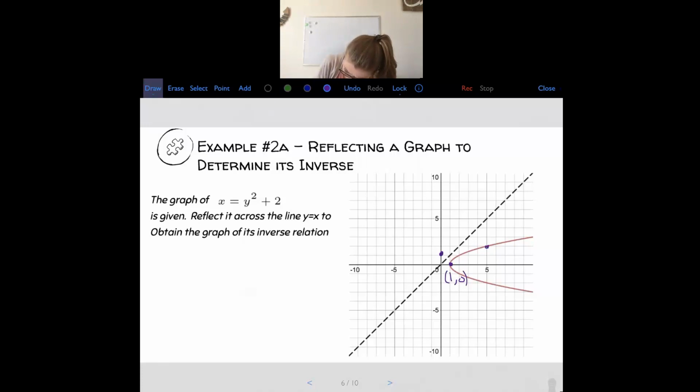There's a point at (5, 2), so there's a point at (2, 5). And there's a point at (5, -2), so there's a point at (-2, 5). If you connect this, I'll draw it in purple, this is what we'd have. The purple is the reflection across the line y = x. This is the inverse relation of x = y² + 2.